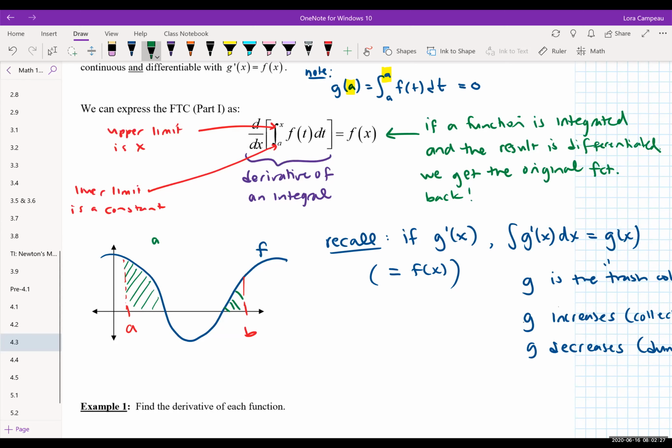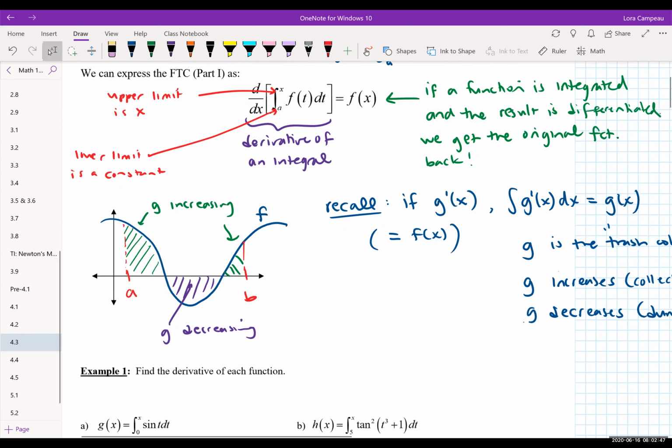That's letting us know that g is increasing for those two pieces. And when the function is below the x-axis, we've got g decreasing. So we are relating this back to a function versus derivative: what's actually going on with the function when you are looking at the graph of the derivative. So kind of play with that. Relook at it in a slightly different way.